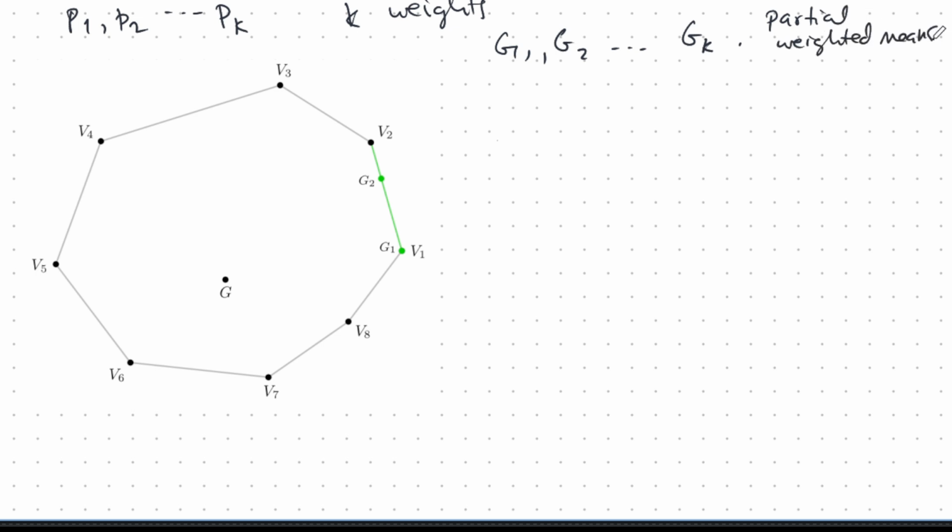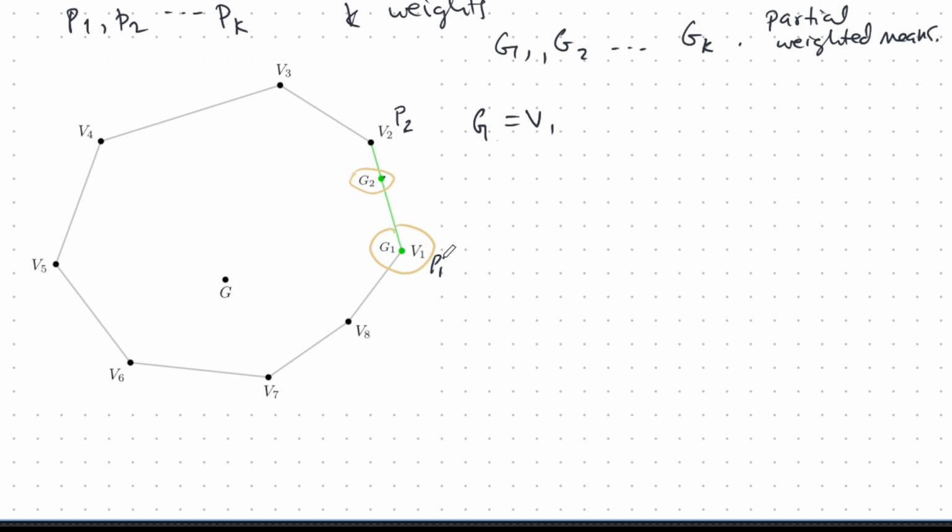You'll see how it works. So we'll begin with G1 is V1. So we choose some vertex, and I chose this one. Could be any one. V1 has a weight of P1, and V2 has a weight of P2. So if I'm going to construct G2, which is here, we discussed this in the first part of the video.